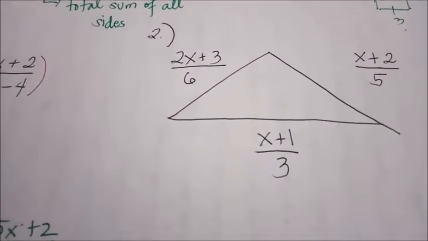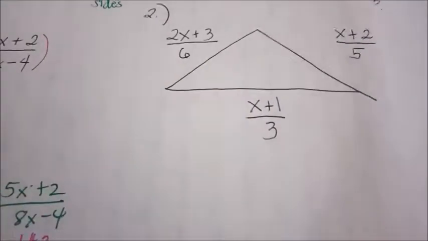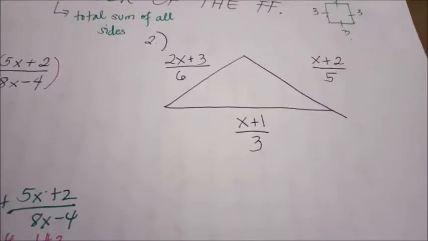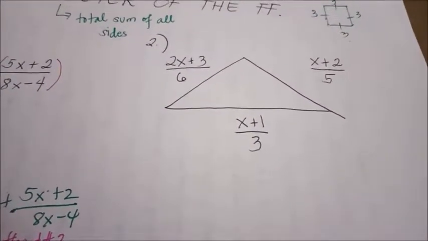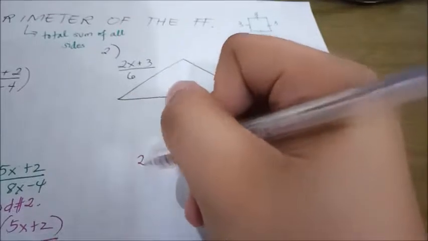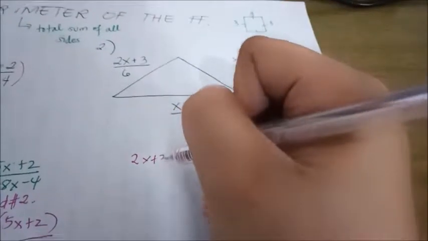Again, in this given, since we have the similar fractions, we have to get the LCM or pwedeng i-apply natin yung ating ginawa kanina. Diba? So, let us first rewrite our given. We have 2x plus 3 over 6 plus x plus 1 over 3 plus x plus 2 over 5.